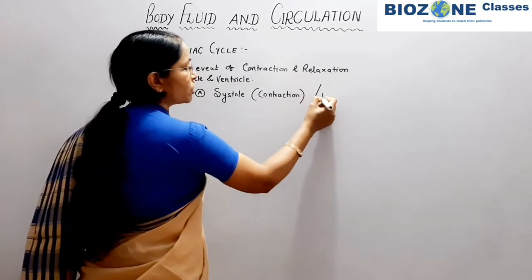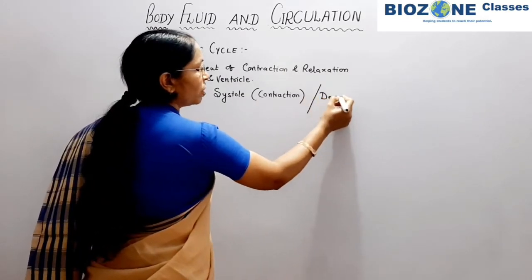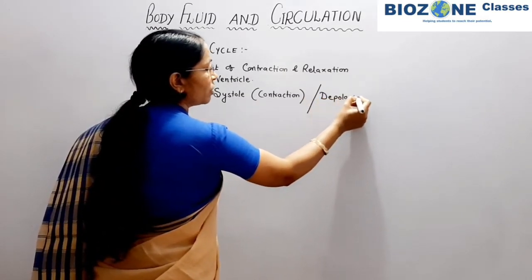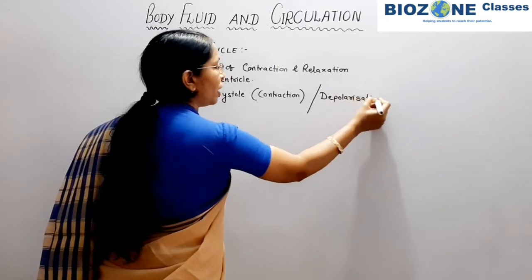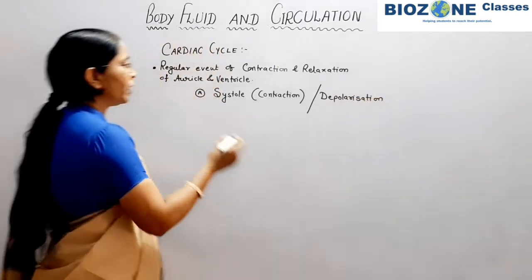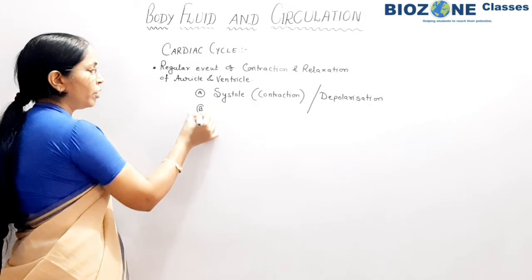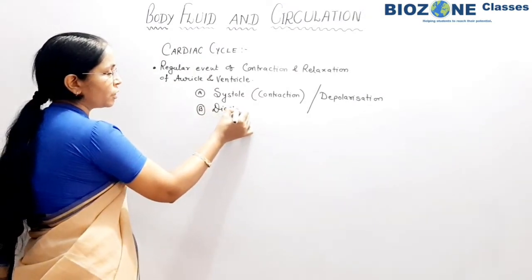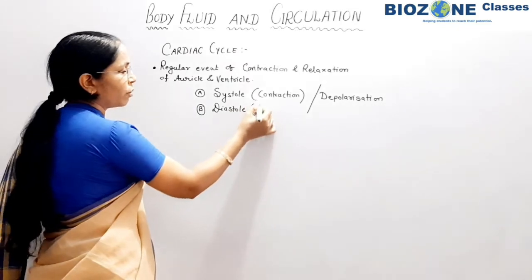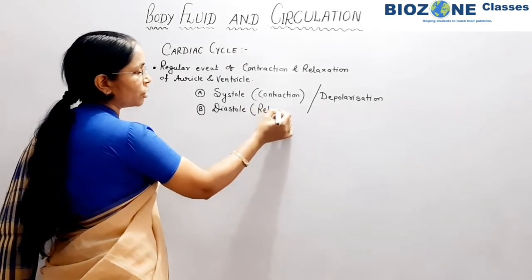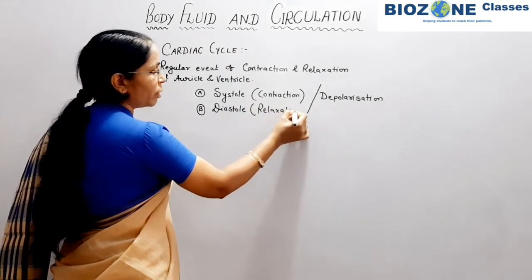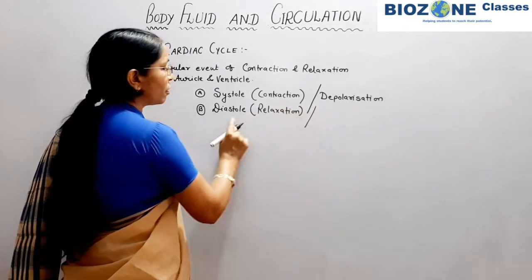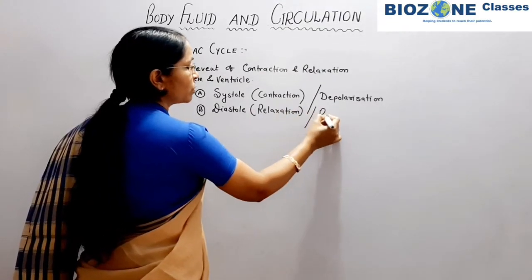Parallelly, systole is also used for the depolarization of atria and depolarization of ventricle. The other term we use is called diastole. Diastole is a scientific term for relaxation, and the parallel term for diastole is repolarization.